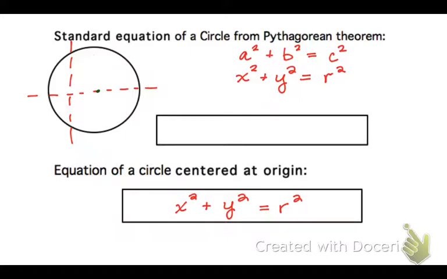So rather than at 0, 0, we could say that the center of that circle is at (h, k), and we would have a point (x, y), and we would still have our radius. So then when we create our right triangle, rather than finding the distance from 0, 0 to x, now we're only going the distance from h to x.